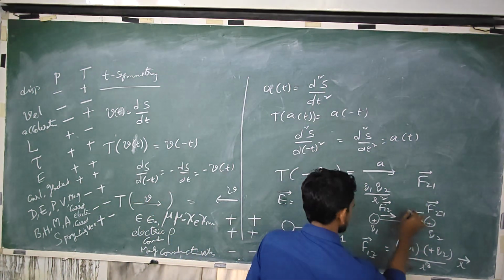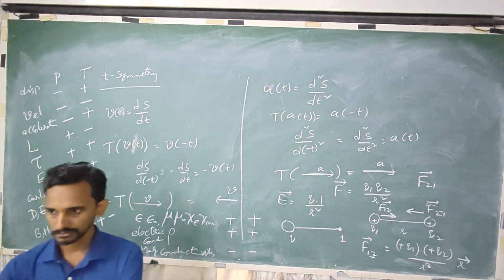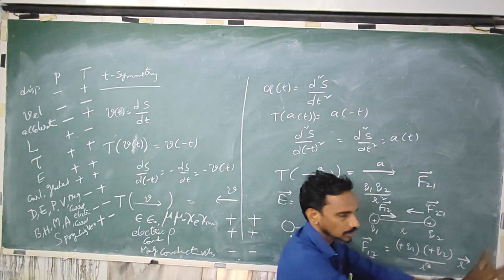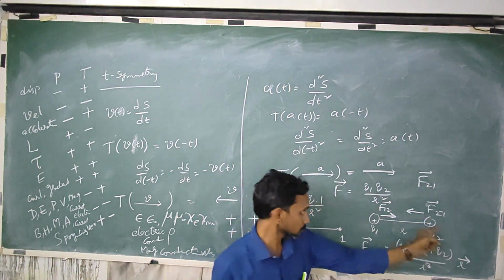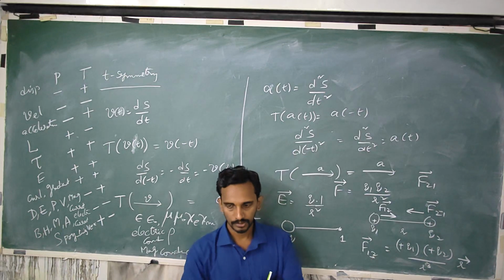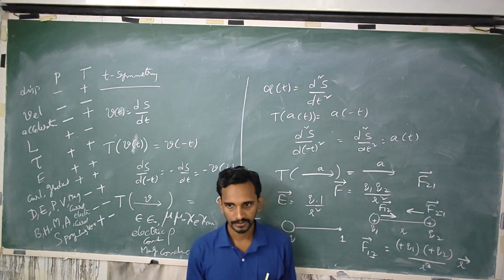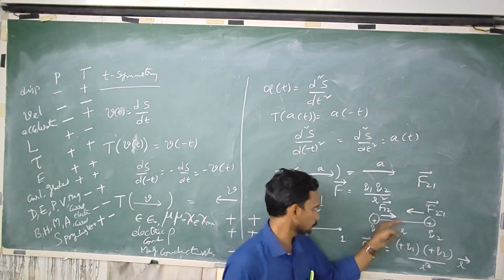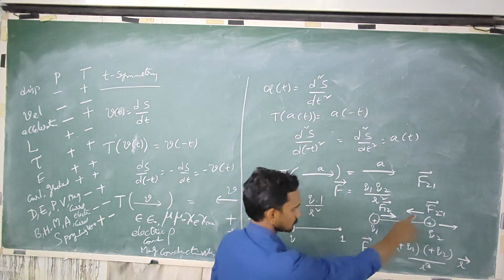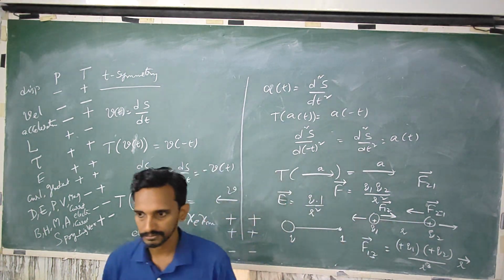It is in this direction. So this Q1 charge is pushing the charge Q2, and Q2 charge is pushing away the charge Q1. So both are pushing away each other, so they will move apart. So this is the direction of force. So this Q2 will move in this direction. This is the direction of force on Q1, so Q1 moves in this direction.